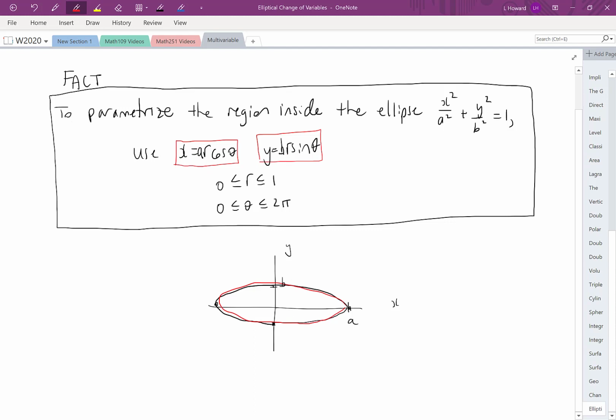And that's just going to be the perfect coefficient to allow us to go out this far in the x direction, that far in the y direction, and to then capture all these points within our ellipse as we travel around from angle 0 to 2 pi. So that's the change of variables we're going to keep in mind as we jump into our next problem.